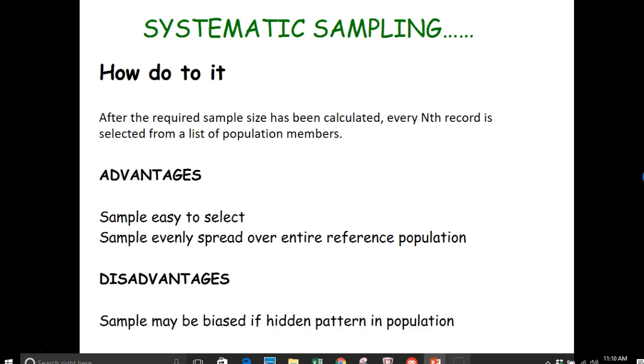You choose some way of doing it, whether through mail or through a doorway. You find some way of coming up with a systematic method. The advantage is that it's pretty easy to design, and the sample can be evenly spread over the population. The problem is that if for some reason there's some kind of pattern in your population, and that pattern matches the system you designed, then you're going to come up with bias.